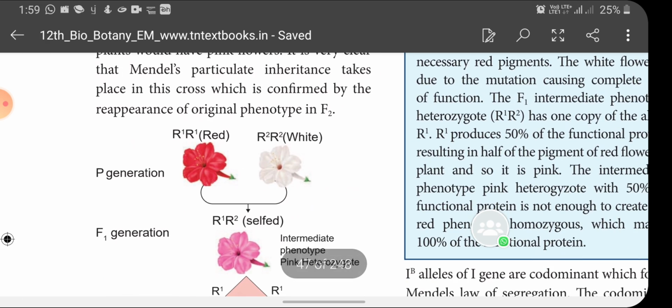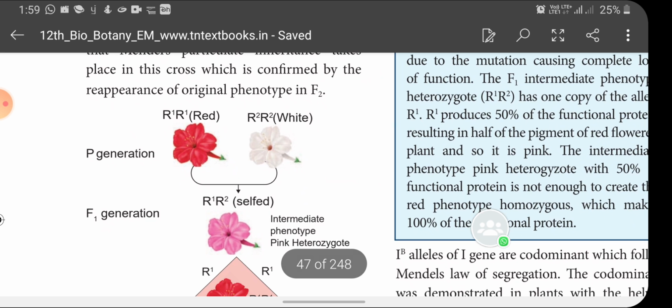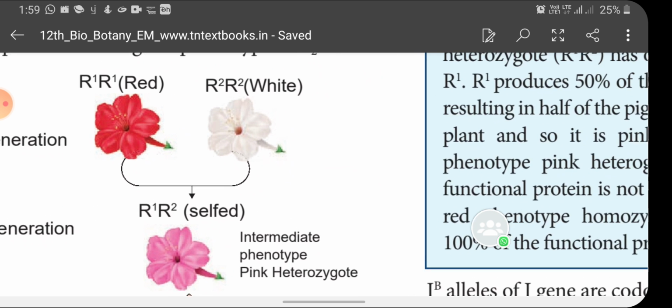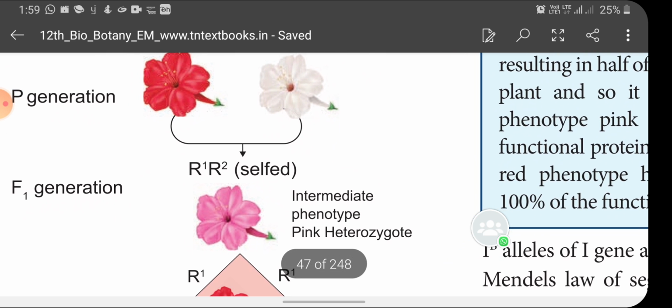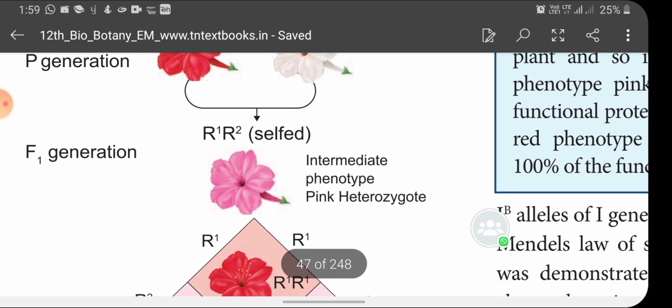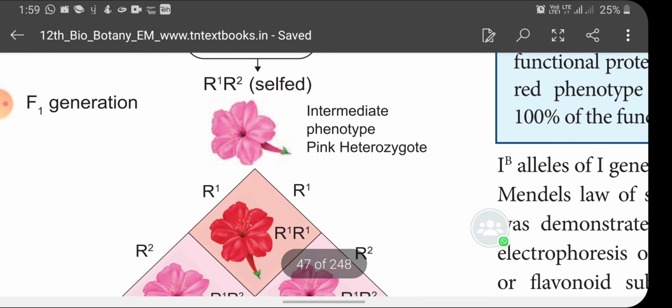See the flow chart, children: R1R1 red and R2R2 white is the parental generation. When these two pure breeding parental flowers are crossed, the F1 appears as R1R2, which is pink in color, an intermediate phenotype.